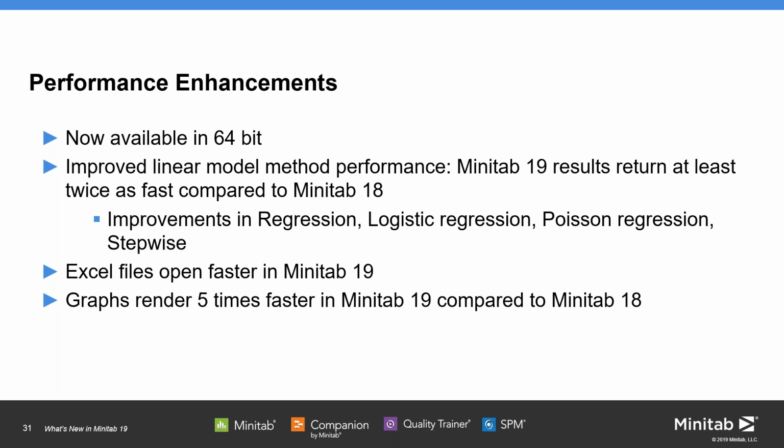So regression, logistic regression, Poisson regression, and stepwise, you'll see much better performance even with much larger data sets. Also, Excel files are going to open faster in Minitab 19. And as I mentioned, graphs are rendering faster in Minitab 19 compared with version 18, even with much larger data sets.